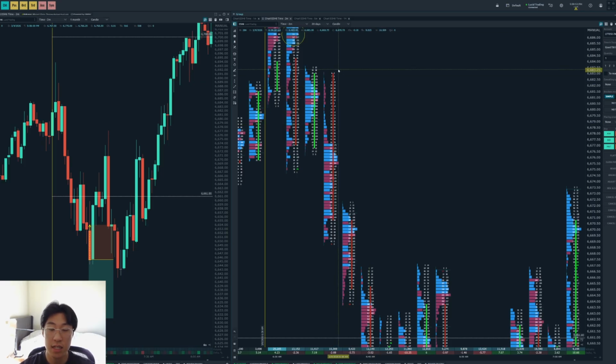Alright, we did get clean candles, full expansion candles, but the order flow was not clean. First example here is after we get absorbed, we have 10,000 lots, right? This is a decrease from 11,000 lots.